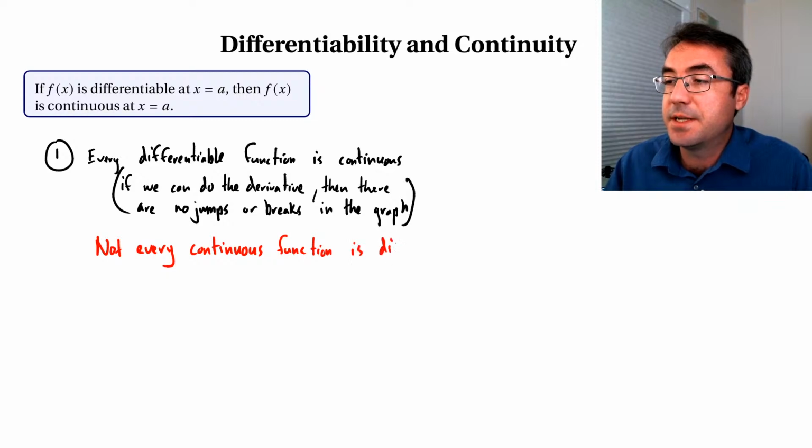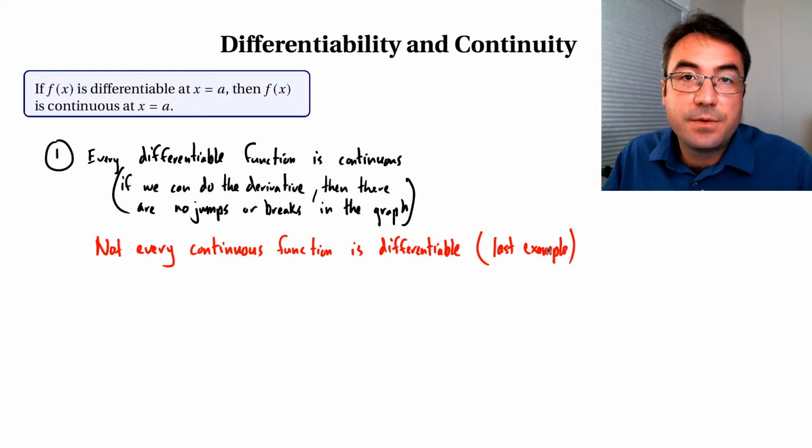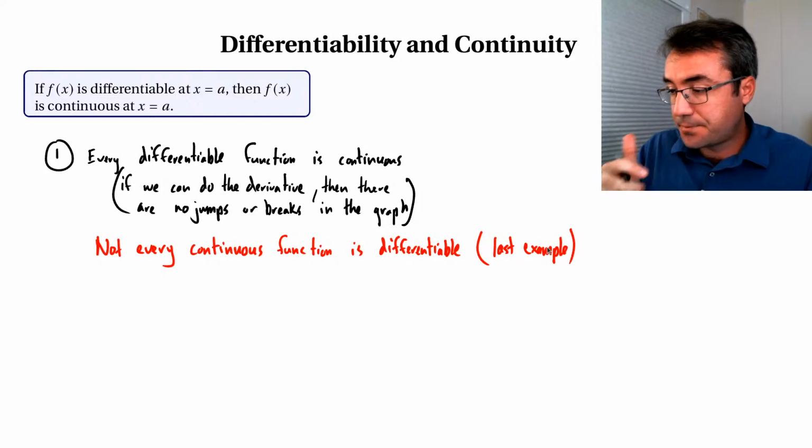And that's what the last example showed. That function was continuous, but when we actually went to look at the derivative at x equals 20, the derivative didn't exist. So not every continuous function is differentiable.